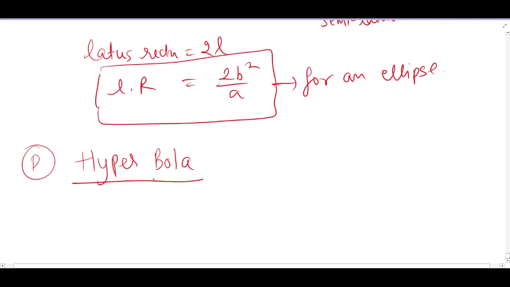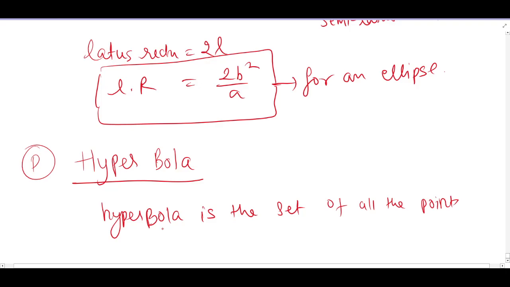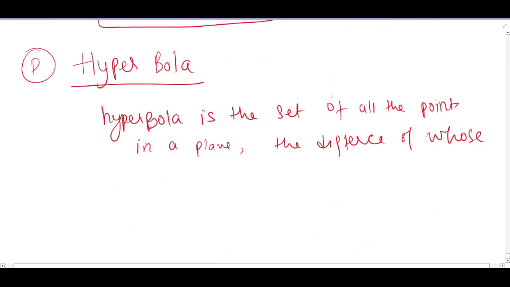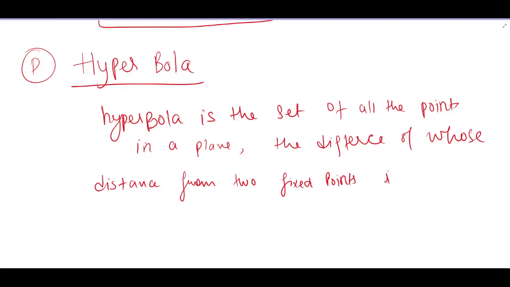So hyperbola is a set of all points in a plane such that the difference of whose distances from two fixed points in the plane is constant.